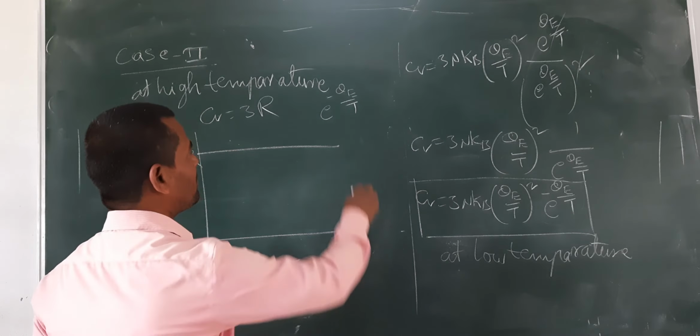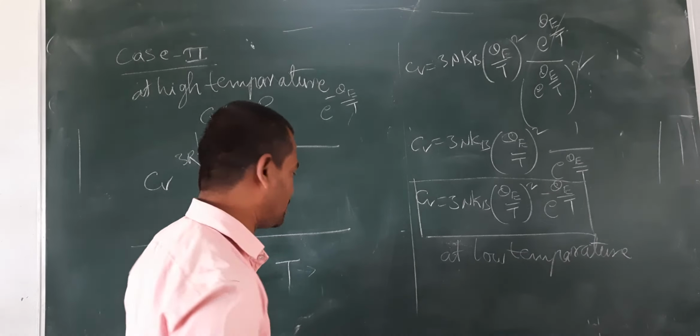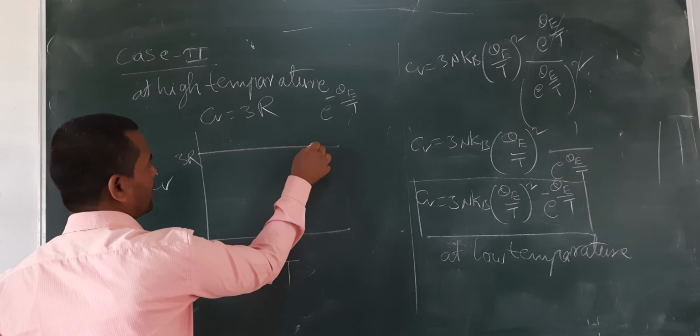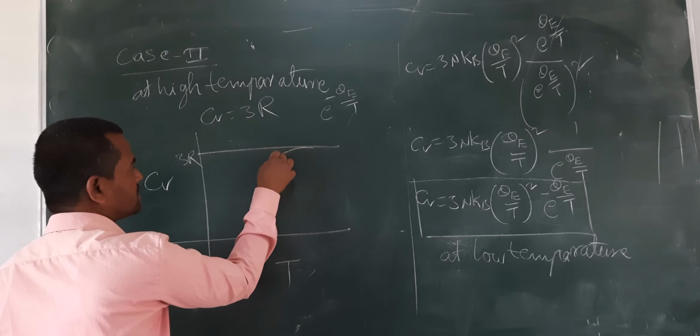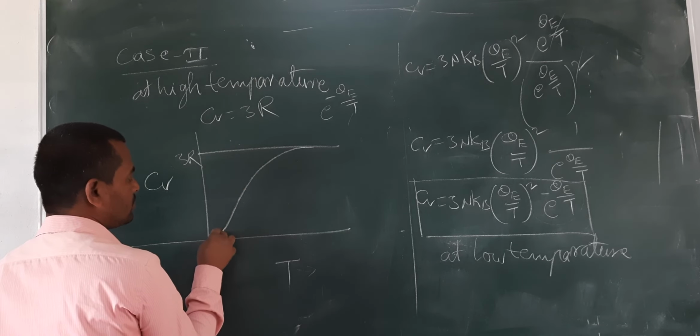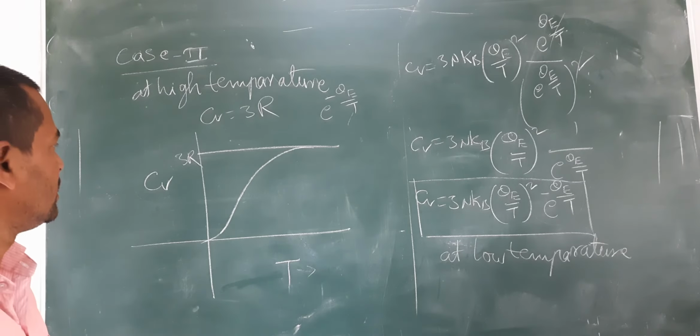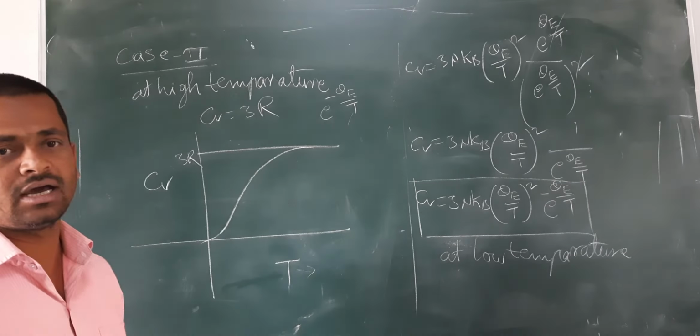When the temperature decreases, this term becomes negative, so that means it decreases. So we may get that it decreases exponentially. So this is the answer.